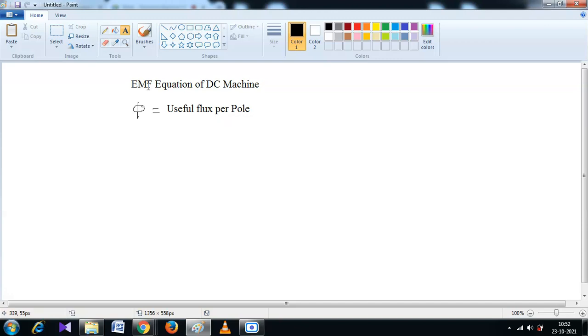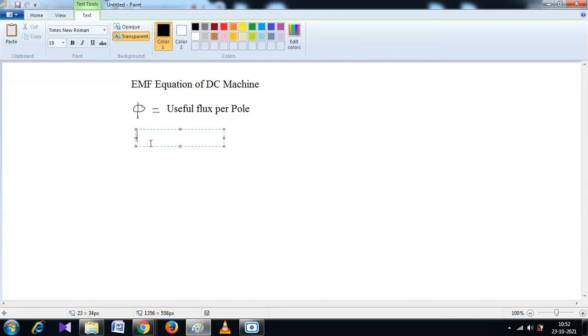Then we take another term P. P is the number of poles.